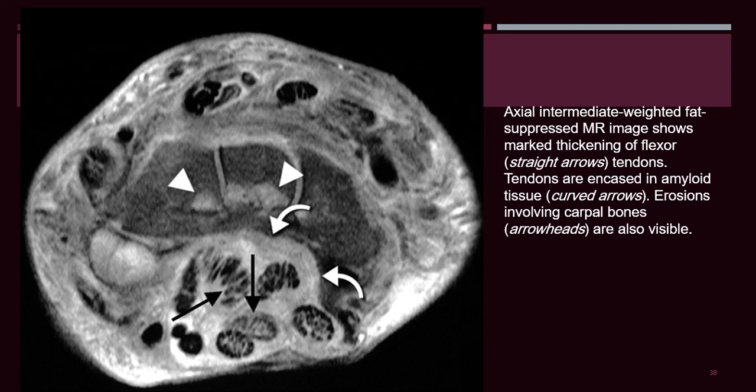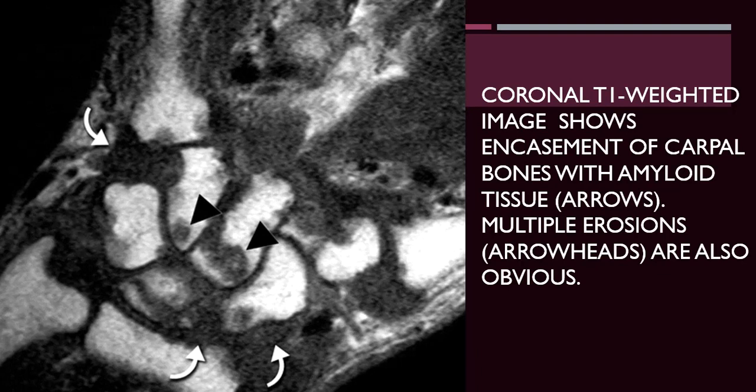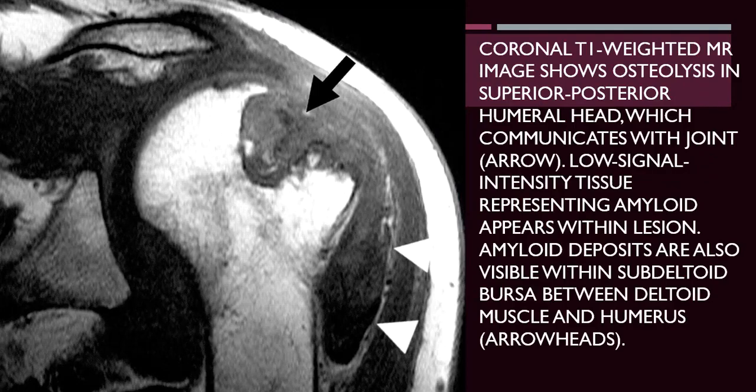This MR image shows marked thickening of the flexor tendons, which can induce, as we discussed in past slides, the guitar string sign of amyloid deposition. This is an increase of the carpal bone with amyloid tissue; multiple erosions are very obvious. And this MR image shows osteolysis in the superior posterior humeral head.